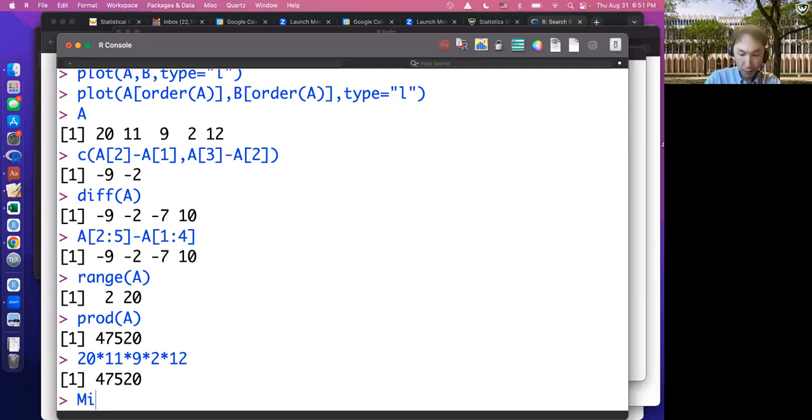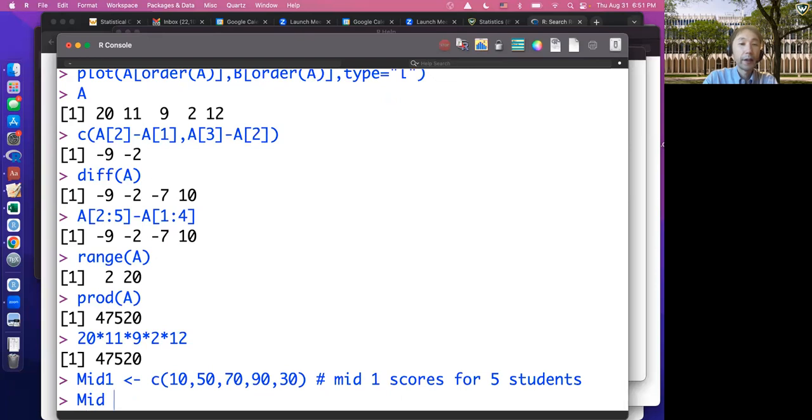So from now on, we discuss functions for two vectors. Suppose we have two vectors. The first vector is maybe the midterm 1 scores for 5 students, and we also have the midterm 2 scores.